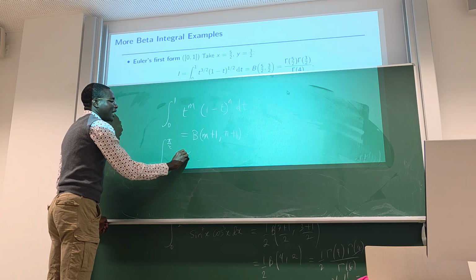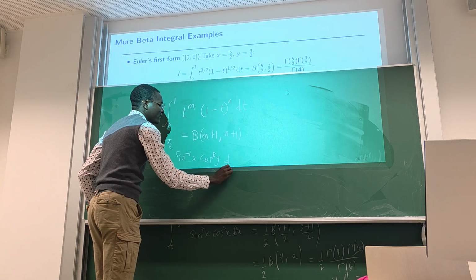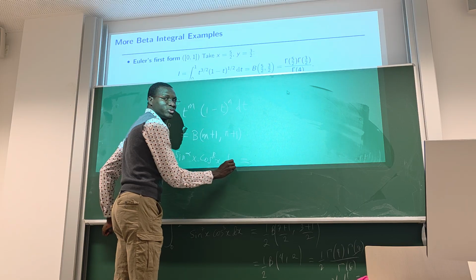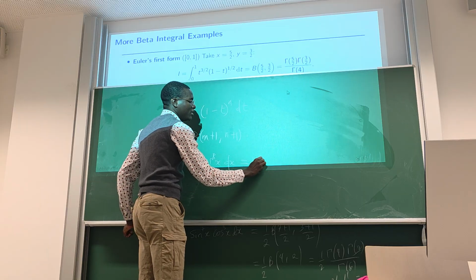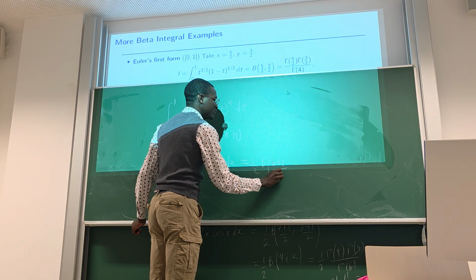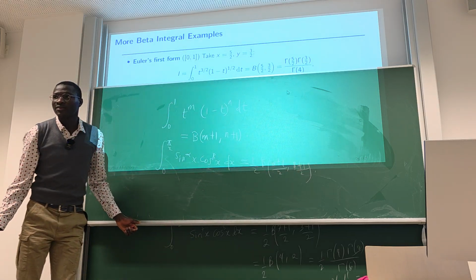sine alpha x cos beta x dx, this would just be half B of (alpha plus 1 over 2), (beta plus 1 over 2). Life is easy this way, right?